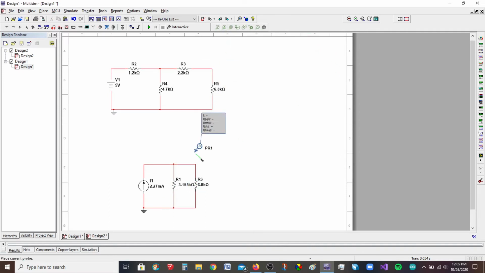So I want to know what the current is through that, and I want to know what the voltage is here because it should be identical to what we got up here. And there we go, 4.89 and 719 microamps. Okay, so looks like we did it correct.